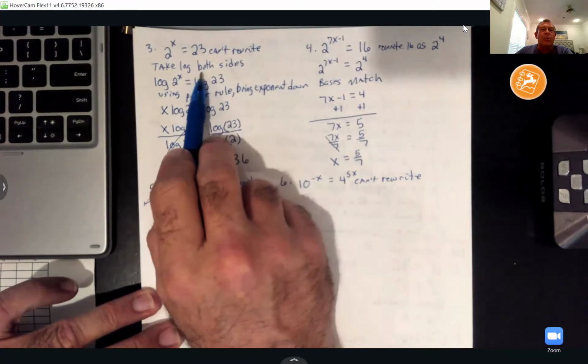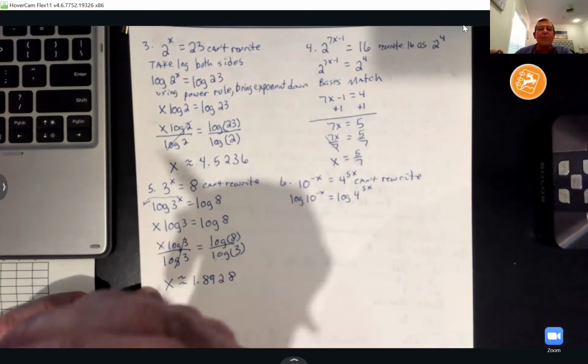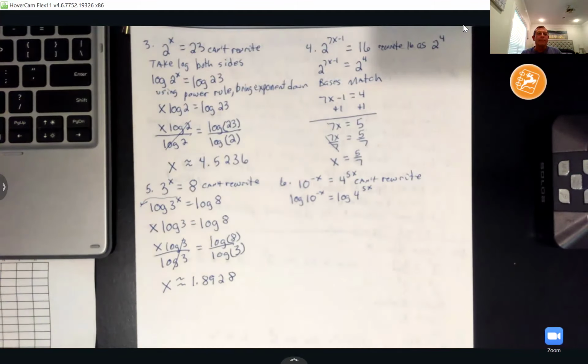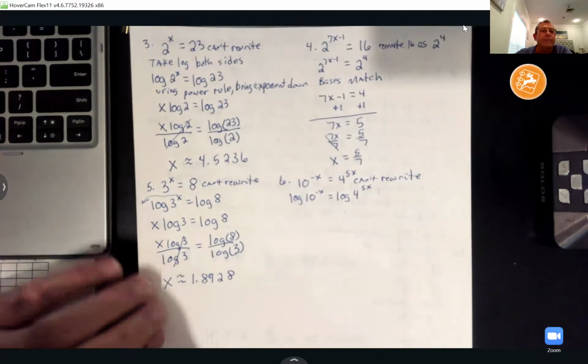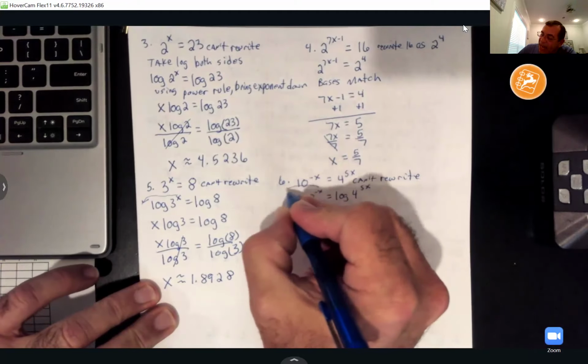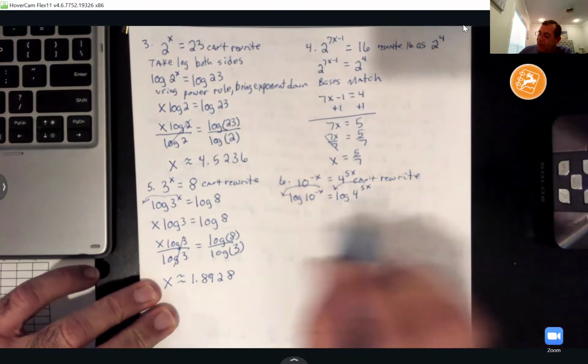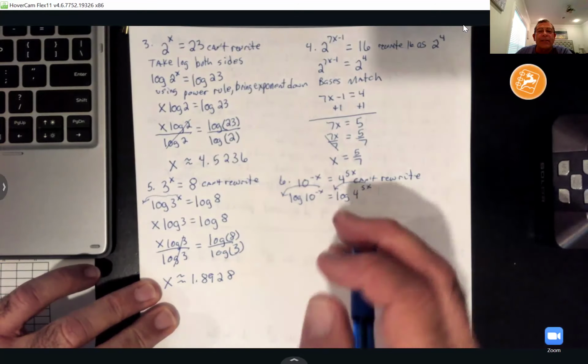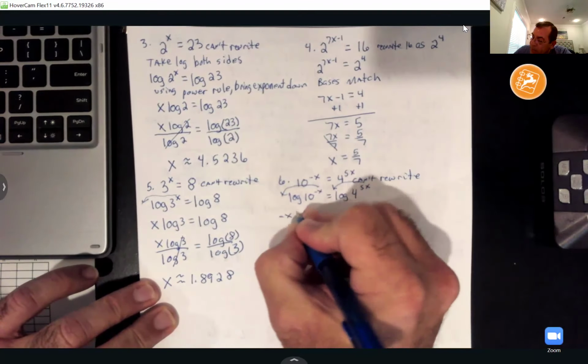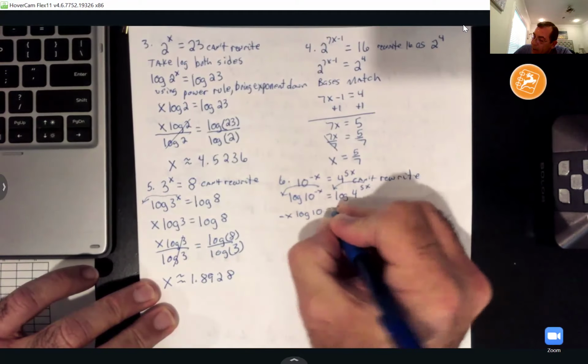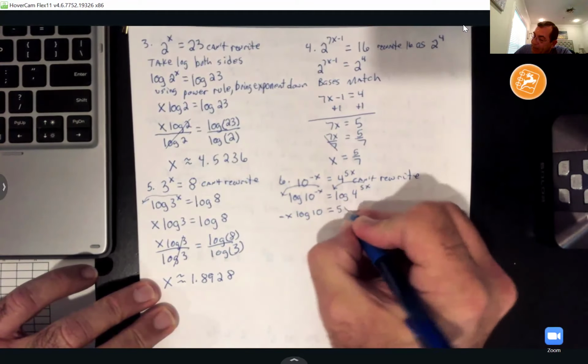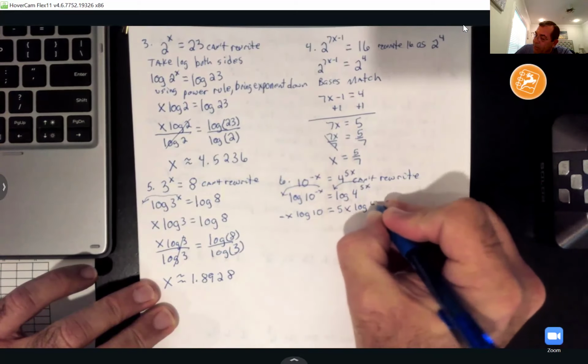Now, y'all remember, the reason we did that now, what's my next move? Bring exponents down. Good job. So both sides, we're going to bring these exponents down so that I get a negative x log 10. That's going to equal a 5x log 4.